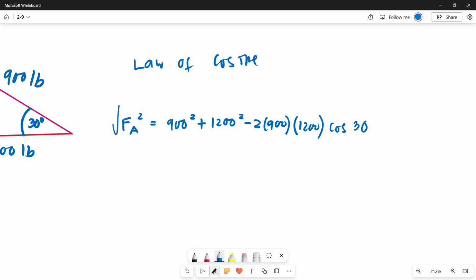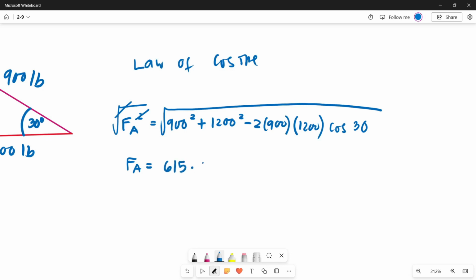And let's square root both sides so that we can cancel the square of our force A. So force A is equal to 615.94 pounds. So this is the value of the magnitude of our force A.